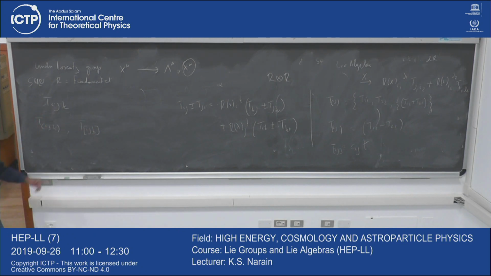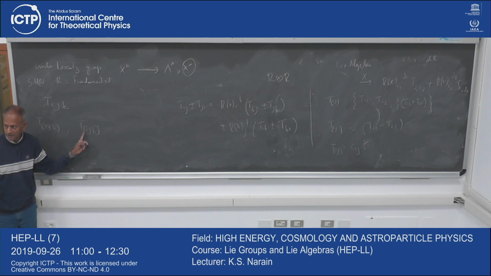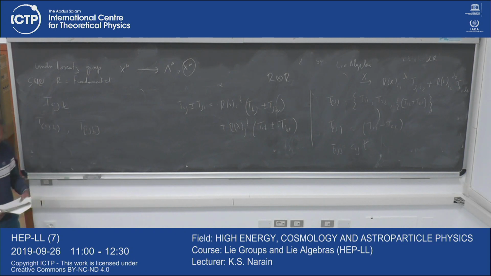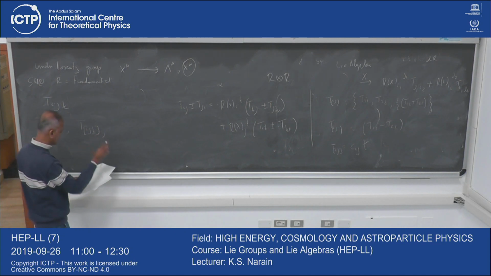Of course, for this to exist, the range of indices must go at least up to 3, otherwise it will automatically be 0. So in the SU2 case with the fundamental representation, this is not there. But you can think of other groups or other representations of SU2. You should have at least 3 different values for each index, otherwise it will be 0.